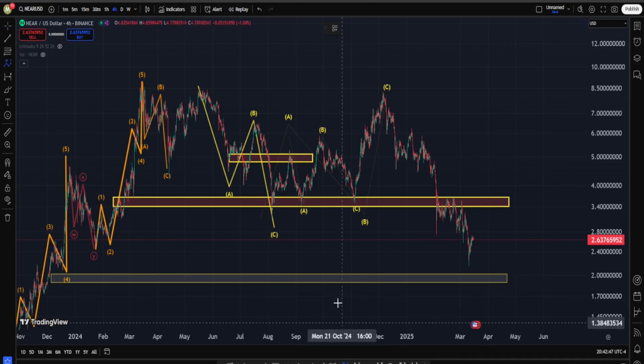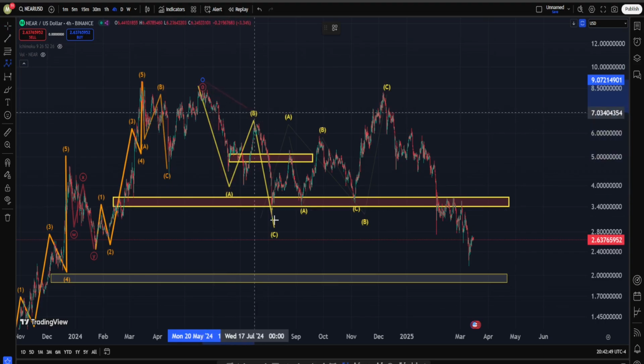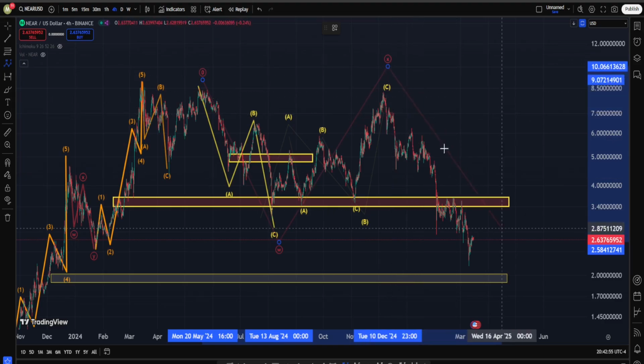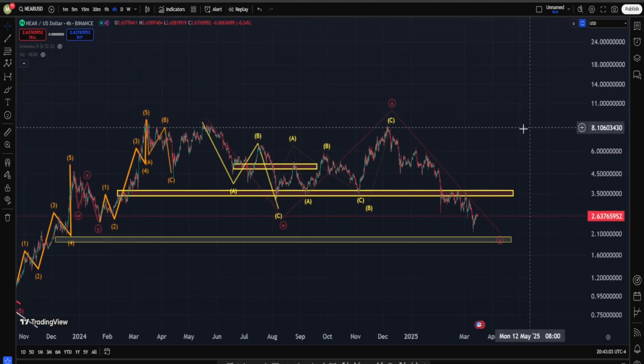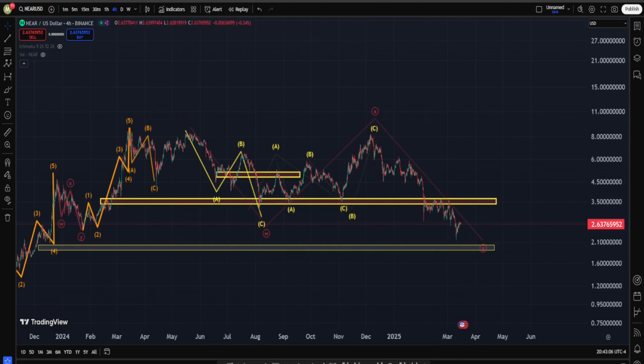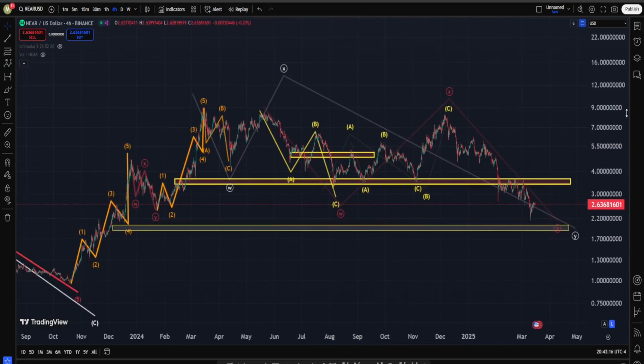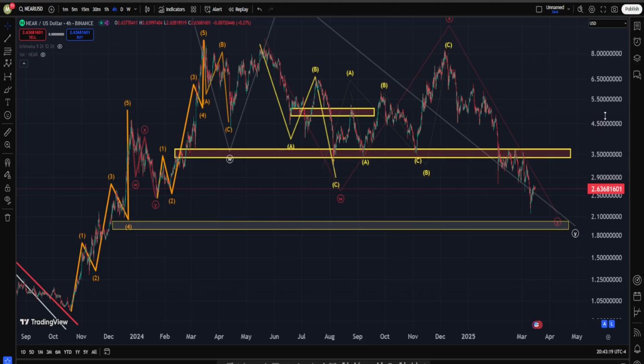From this high we said before, this is an ABC down into a wave W, ABC up in the form of a flat into wave X, and I'm going to tell you in a bit why I think this is actually an ABC zigzag, not an impulse, into our wave Y. And then on a higher degree, this red WXY is actually going to be a larger degree wave Y right in here, completing, like we said earlier, a WXY in the form of a zigzag followed by a double zigzag. I think this might be the best scenario that I can come up with in this move down in terms of Elliott Waves.